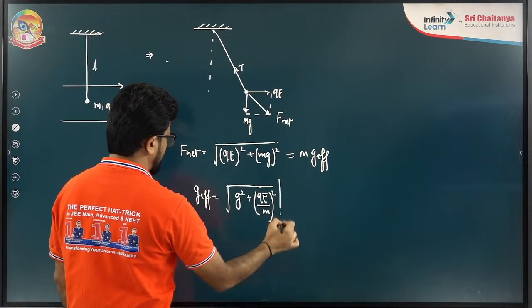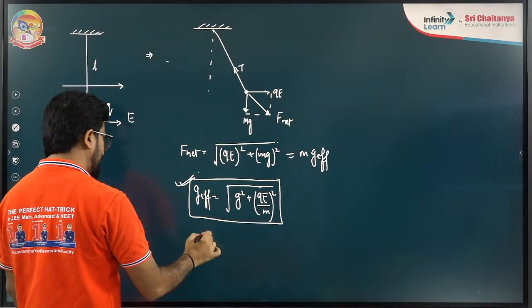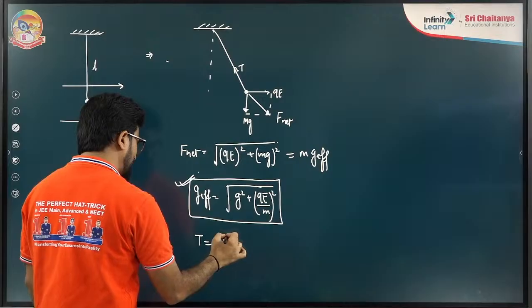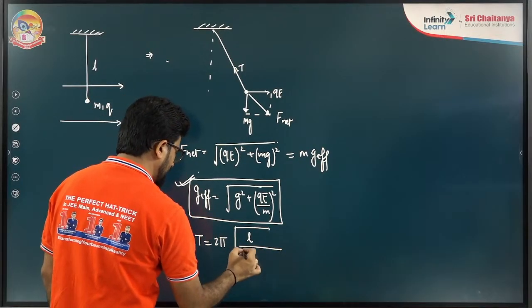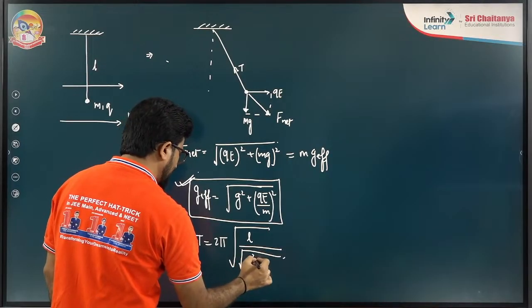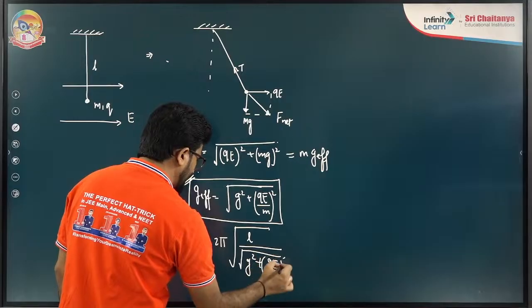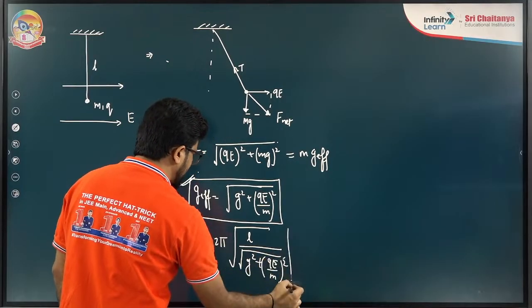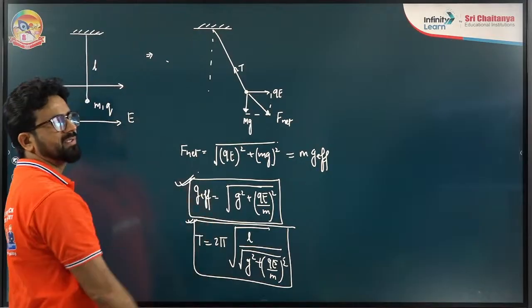If you know the g effective value, you can write the time period: 2 pi under root of L by the square root of g square plus QE by m whole square. If you understand this g effective term, then we can solve many other questions also.